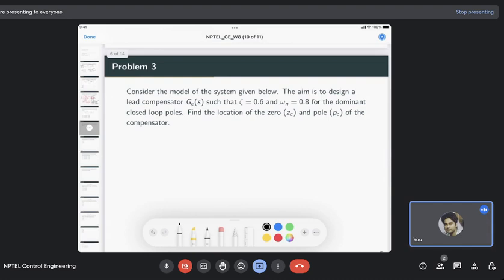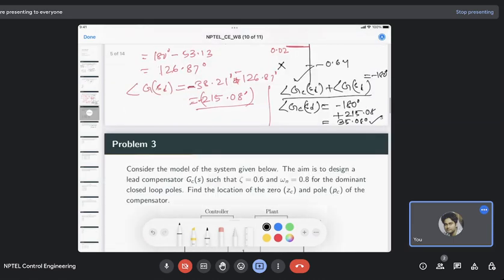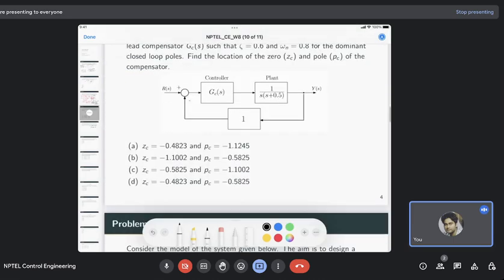So we first compute this gamma, which is defined by 180 degrees minus theta minus phi, where theta is simply cos inverse zeta, and phi is the angle deficiency. The angle deficiency we already have as 35 degrees.